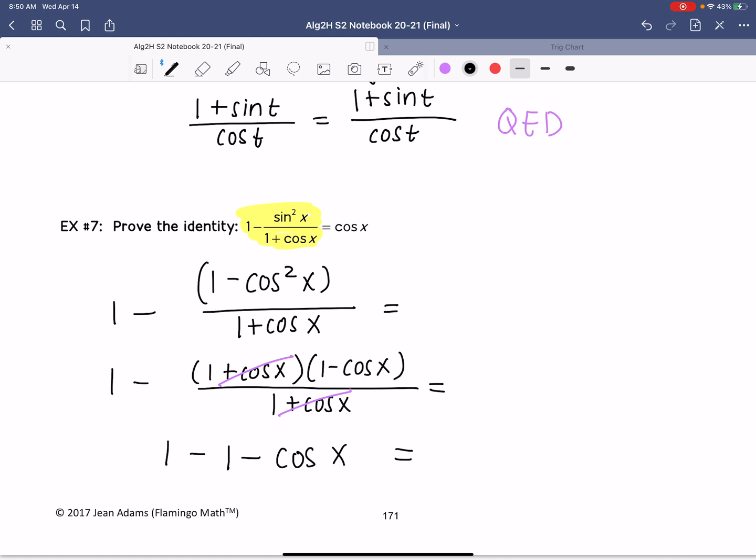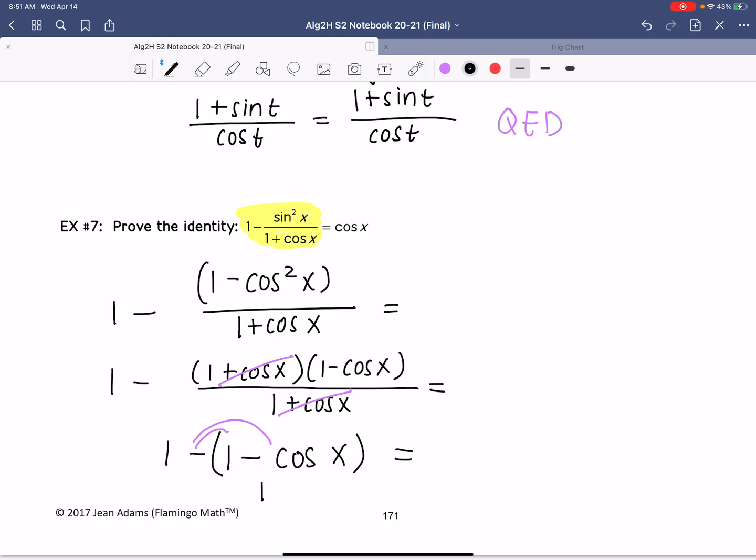And 1 minus 1. Oh, I made a mistake. I was going to say it's not going to equal it. Let's be careful here. This is still in parentheses, and I almost messed up because I didn't distribute my negative.